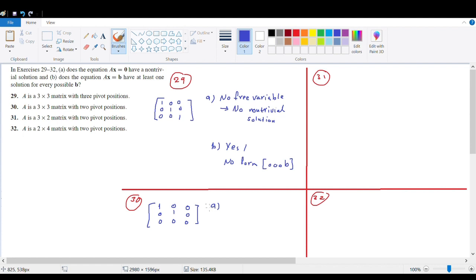Does the equation Ax = 0 have a non-trivial solution? Here, yes, because this only has 2 pivot positions. That means the third one may be a free variable. So yes, because we have two pivot positions, that means two basic variables and one free variable.